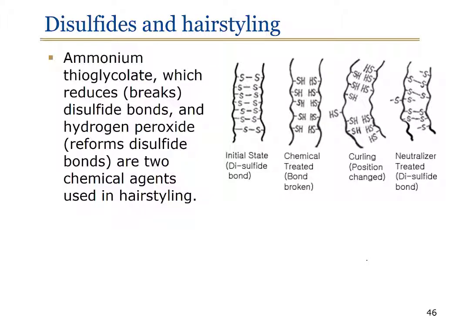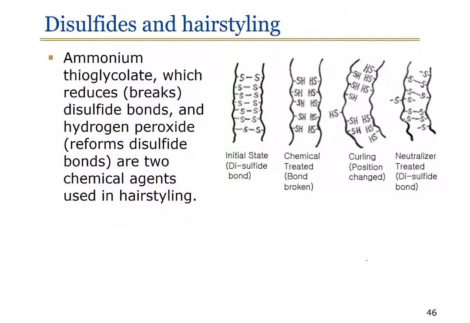Okay, here's a little tidbit about disulfides and hairstyling. Hair gets stabilized by disulfide bridges, which keeps the hair in a certain shape. If you open up those disulfides, then you can shape the hair, and then you can zip them back together.